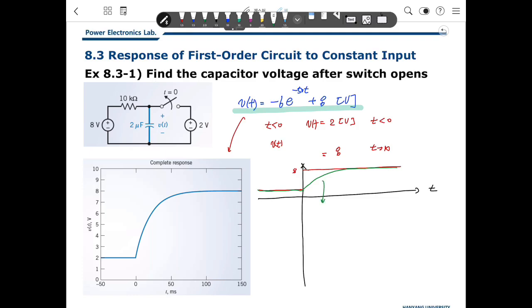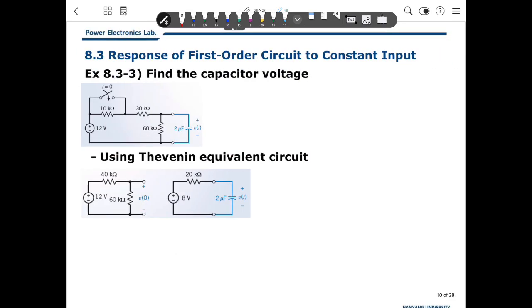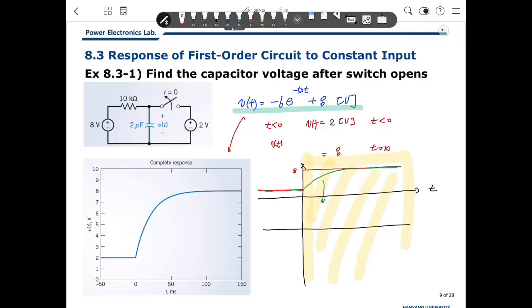So this waveform can be written here as from this area, here 8 and this is minus 6.